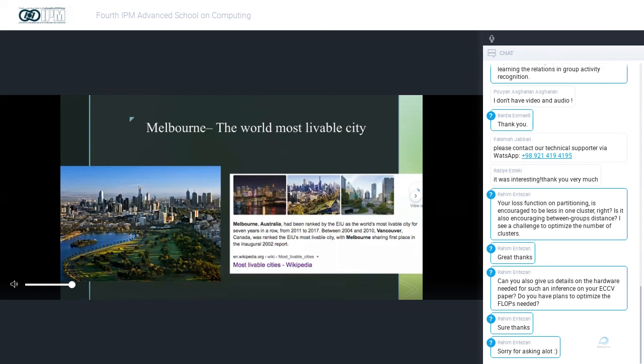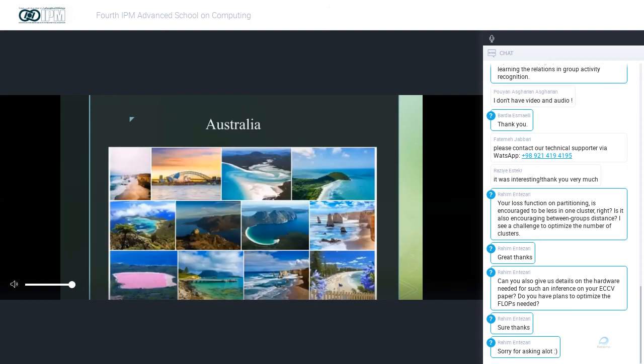About Melbourne, for those who care about where they want to live, that is also very important. Melbourne was ranked the most livable city for 7 years in a row, and for the last 2 years was the second best city in the world. It's a very beautiful city with a high quality of life. And generally, Australia is like that.